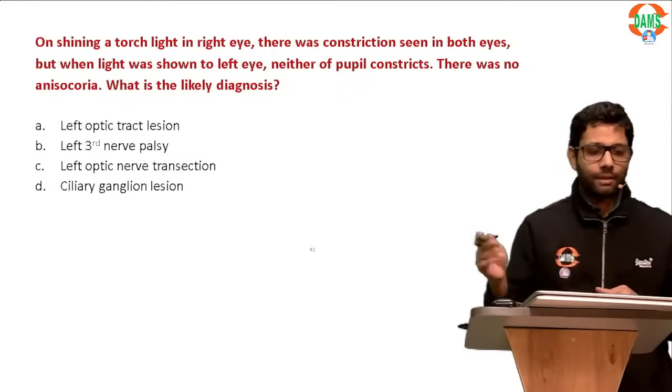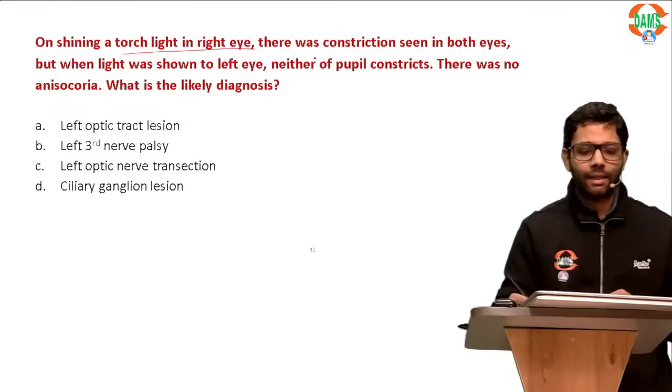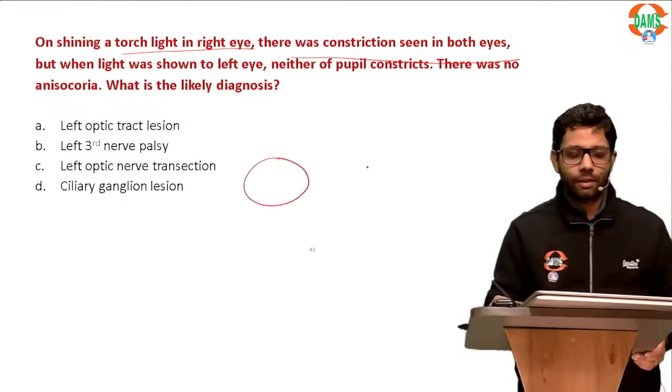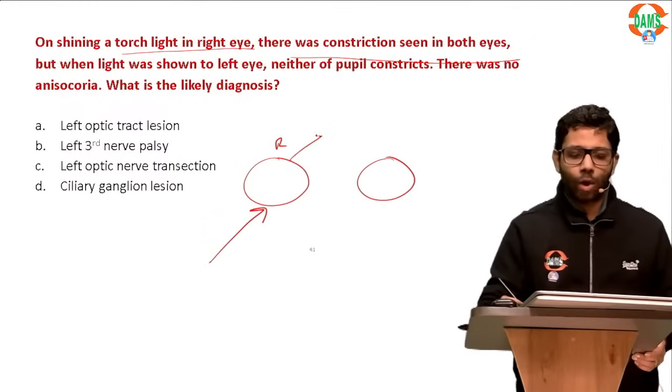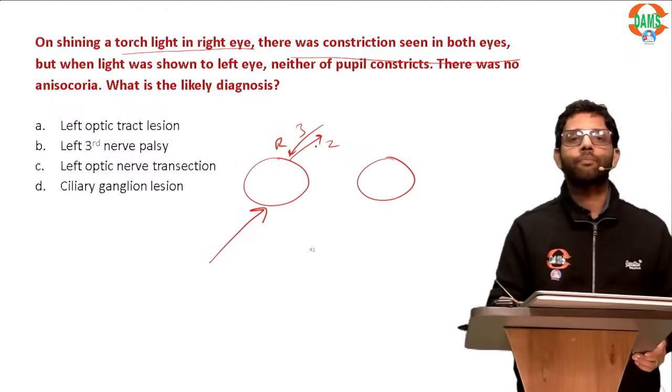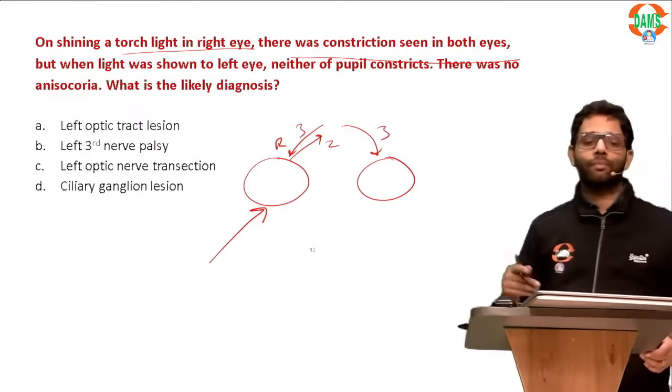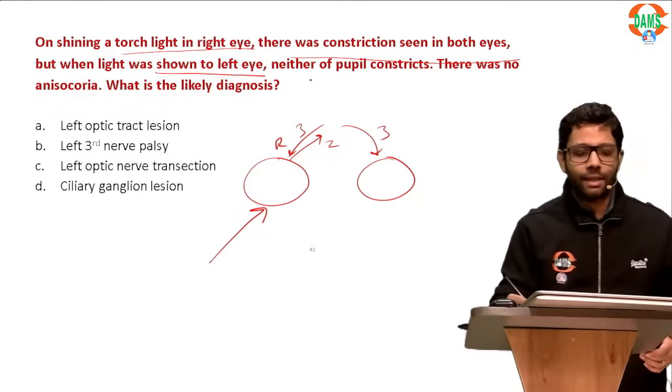And then on shining a torchlight in the right eye, there was constriction in both eyes. For example, there are two eyes like this, you shine the light in this right eye, both are constricting, means right optic nerve is okay, right third nerve is okay, and left third nerve is also okay, then only you can see constriction in both. But when you throw the light in the left eye, neither constricts.